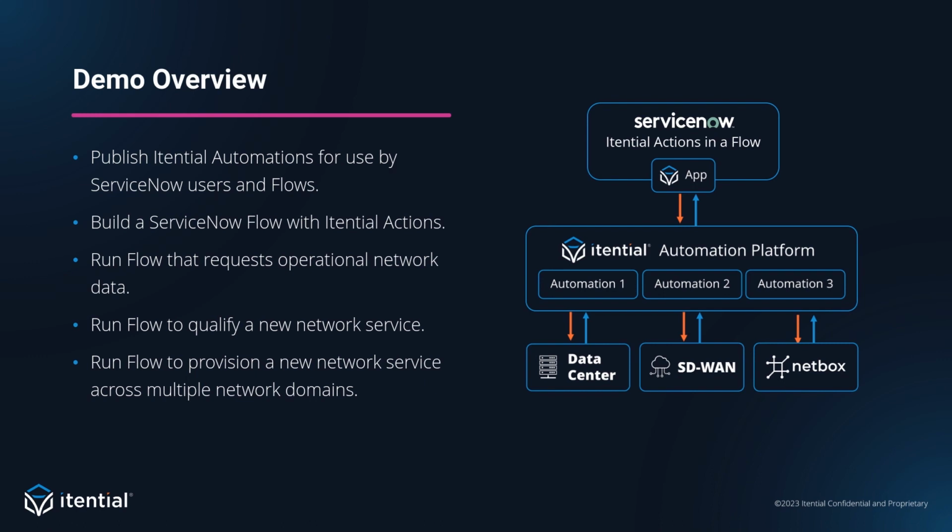Another use case is to qualify a new network service. So instead of asking to provision a service, there are cases where maybe there's not enough resources available to provision that service. So instead of asking for the entire service, querying to see if this service is possible, or to qualify or validate that a service could be allocated based off of resources that are available today.